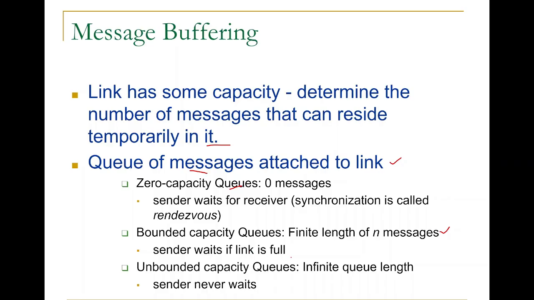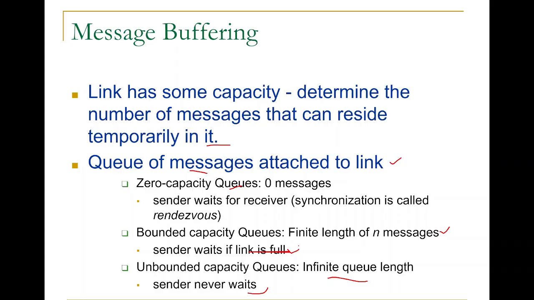These are important concepts to understand when we talk about messages for interprocess communication. Then we have unbounded capacity queues, where there's infinite queue length. The sender never waits. These are different methods in which the messages can be handled. One is that when the queue is empty, meaning no message, the sender can send a message.